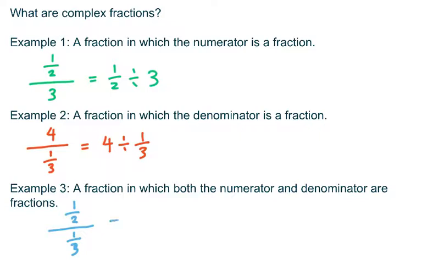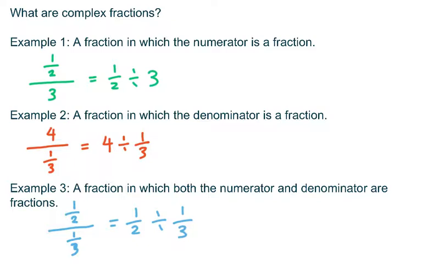It basically means 1/2 divided by 1/3. So if you see a problem that says simplify the complex fractions, it basically wants you to simplify the complex fractions so that the numerator and denominator are both integers.